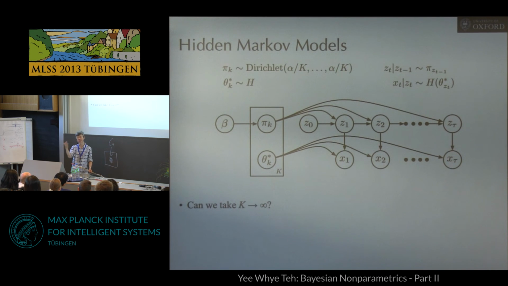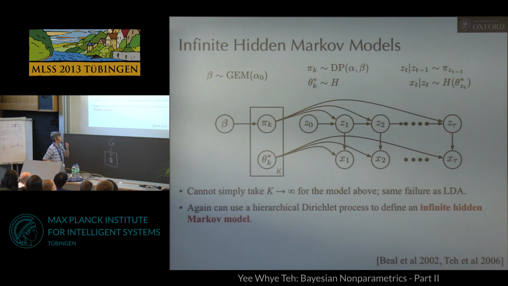And of course, every time you see a new state, there's no generalization across states because you never see the same state twice, which is not very useful. But you can actually have some sort of a Bayesian nonparametric approach to infinite HMM by basically using a hierarchical Dirichlet process to define your infinite HMM.